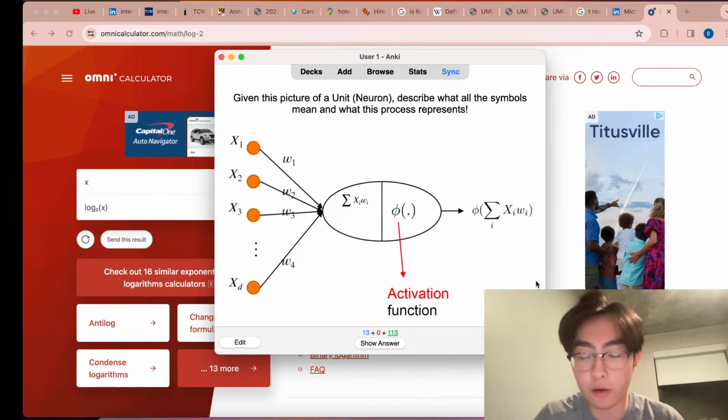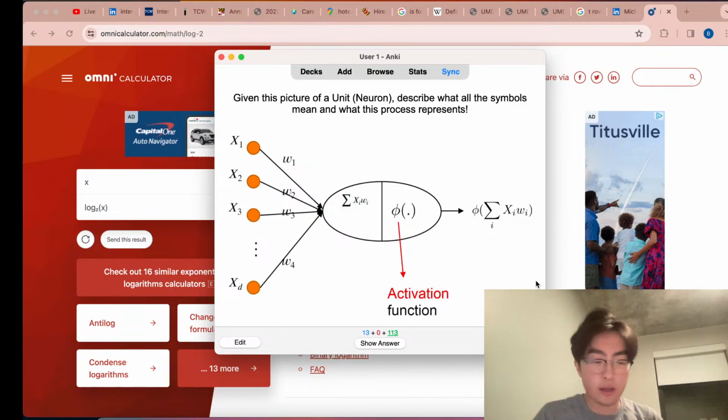Pretty much how it works, it's some combination of inputs, some activation function that transforms the inputs, and then an output, which is just the transformed input. And so for every neuron, let's start in chronological order here.